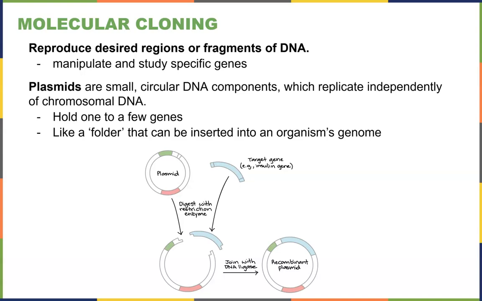And we're going to want to reproduce that and put it into a different plasmid or into a different organism or into an organism's genome, so that organism can produce insulin.